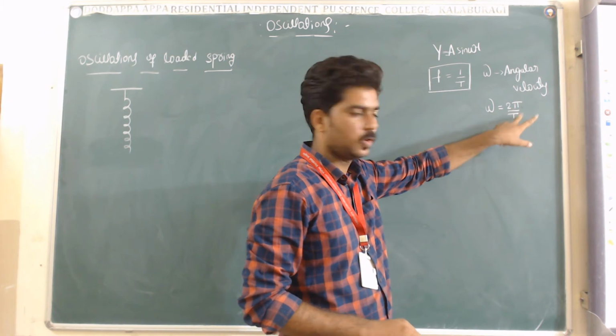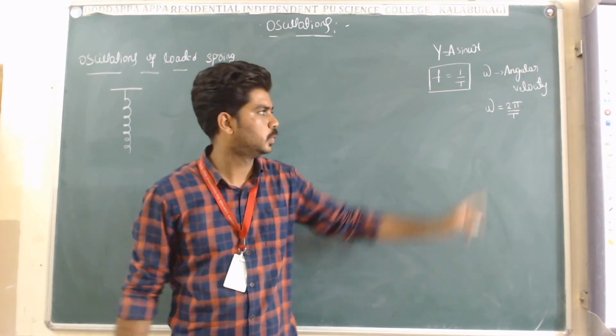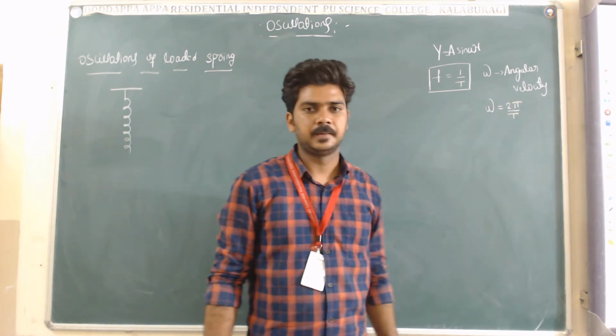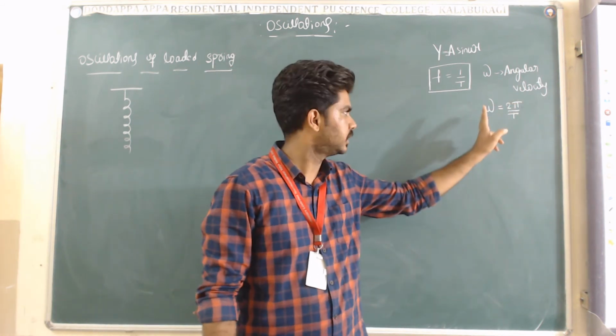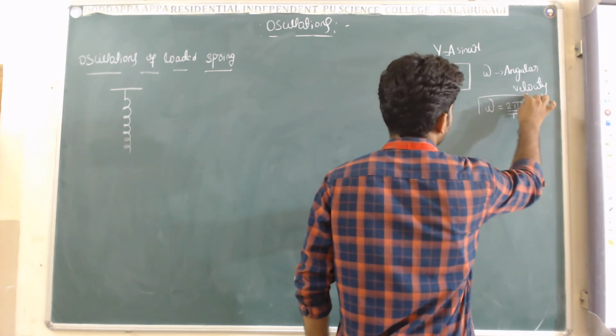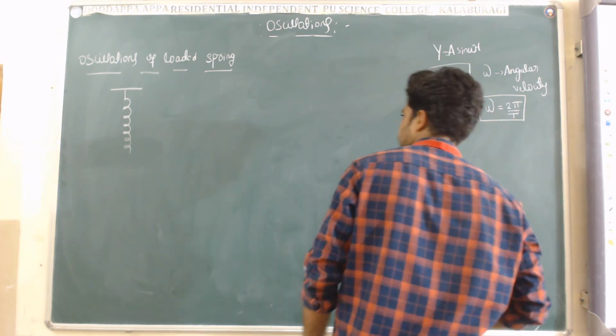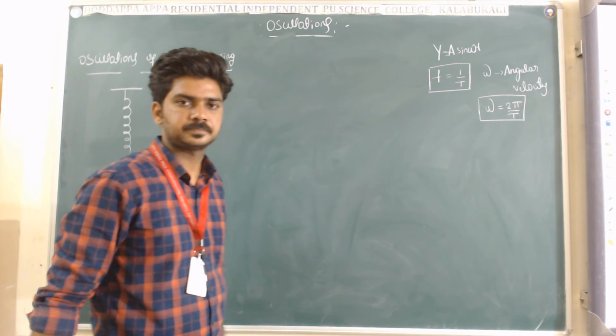How much time it takes to complete one circle, or 360 degrees, gives the angular velocity, that is, omega equals 2 pi by T. This is also an important thing. While deriving the expression, these two relations will help.